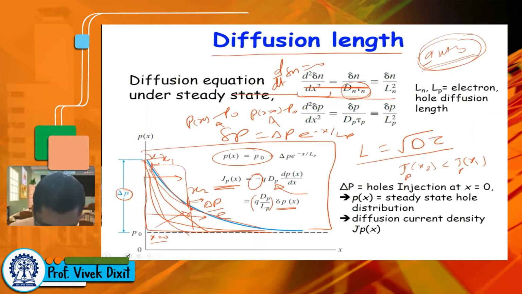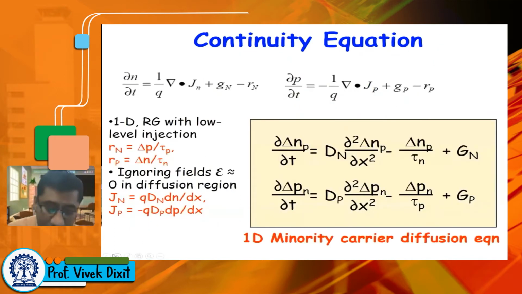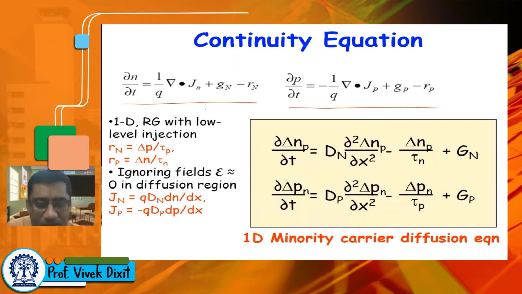Now, please remember that this is the general expression for the continuity equation, right? And we have to evaluate the terms based on the scenario presented. So we will discuss some examples. Now this is the general equation for 1D.